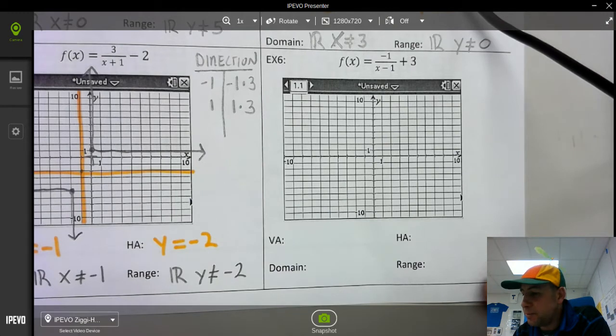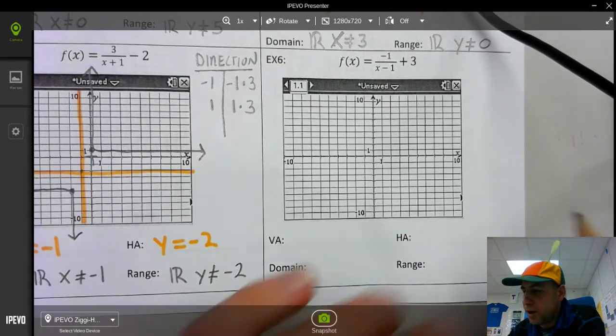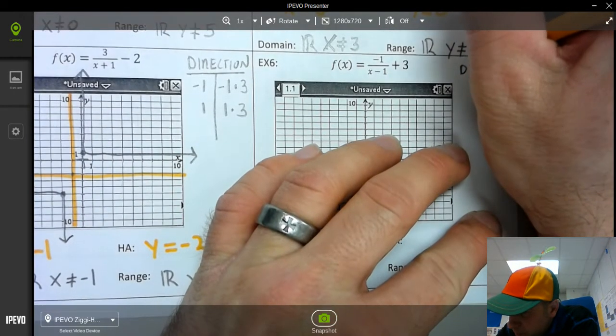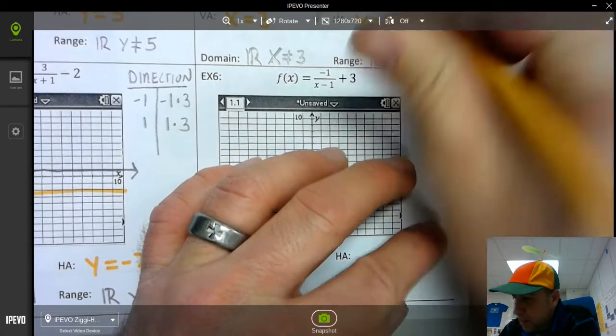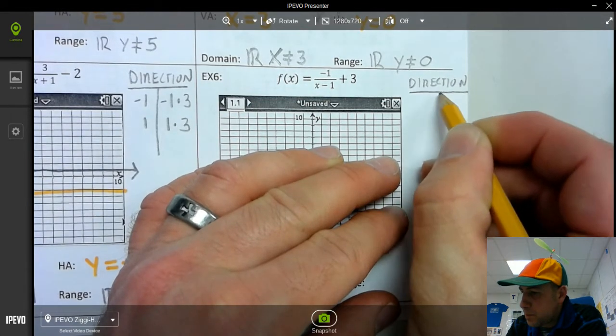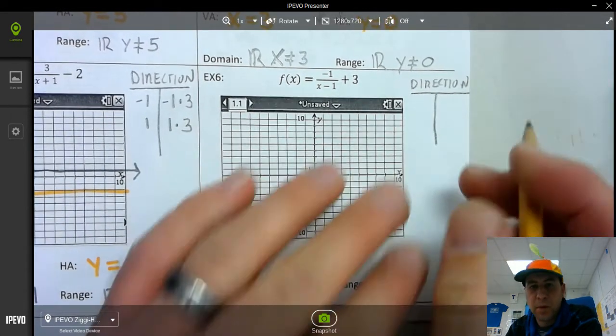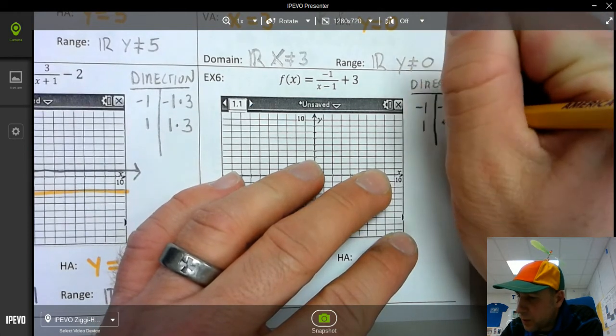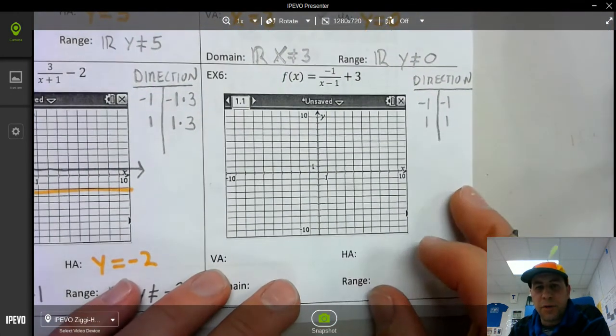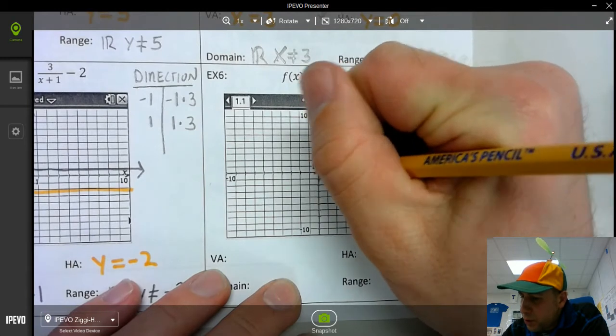All right, now, so we graph by direction. Okay, so we know -1, -1, 1, 1. All right, so again, whenever we're graphing, we move our asymptote.